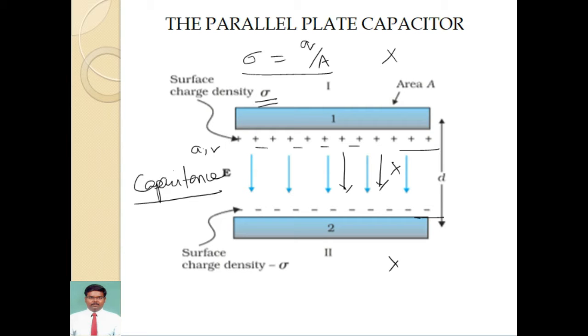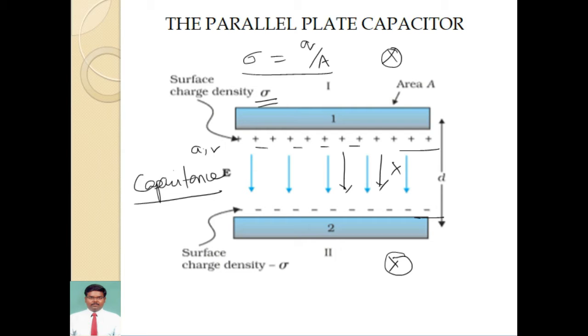Inside the two parallel plates I take some arbitrary point and check what happens to the electric field there. Similarly I choose a point outside, and another point above the parallel plates, and check what happens to the electric field.